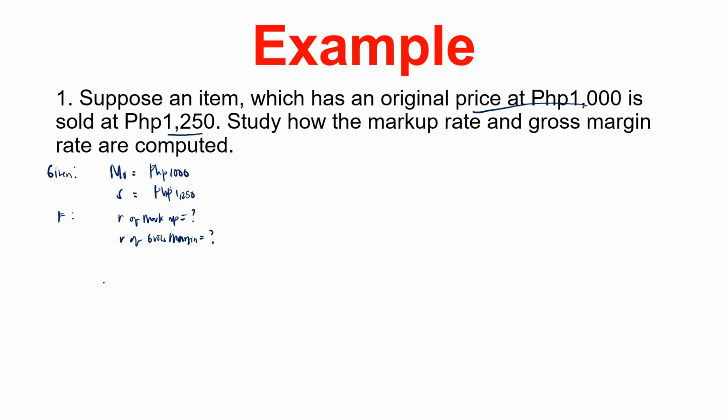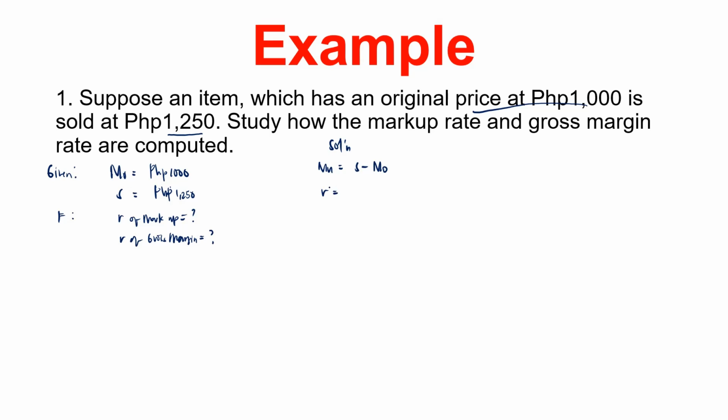Okay, so list down our formula. So for the markup rate, let's show the solution. What are the formulas under markup? So we have markup is equal to selling price minus cost price.